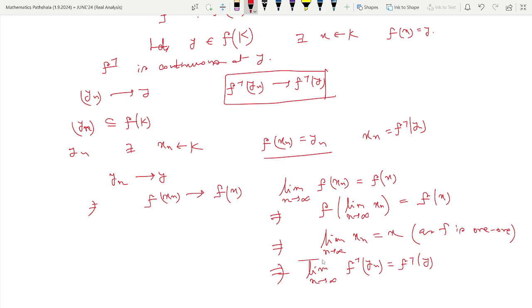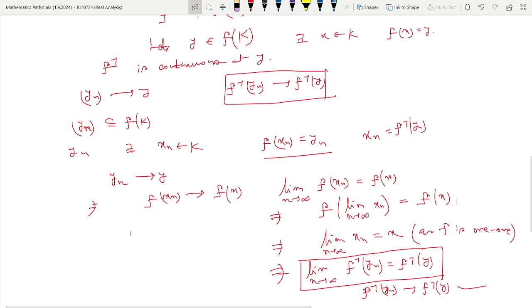So what we get is: we supposed that y_n tends to y, and we get f inverse of y_n tends to f inverse of y, which implies that f inverse is continuous at y.